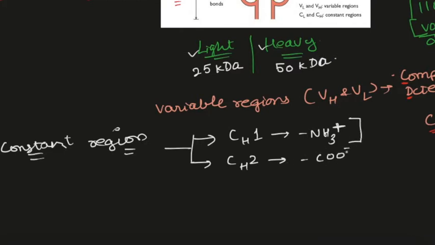Except for the CH1 region, none of the other CH groups will possess the first nomenclature, whereas those groups closer to the carboxyl terminal will be designated with the following numbers, that is CH2, CH3, CH4. That means they are all close to the carboxyl group and not close to the amino group.